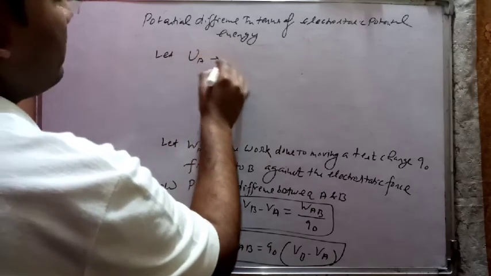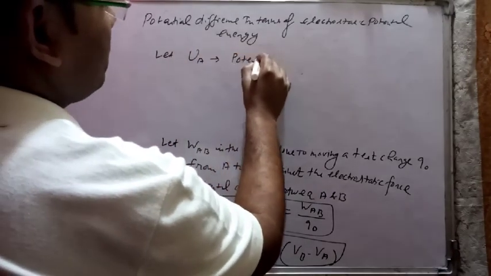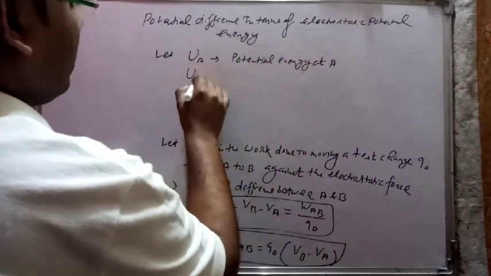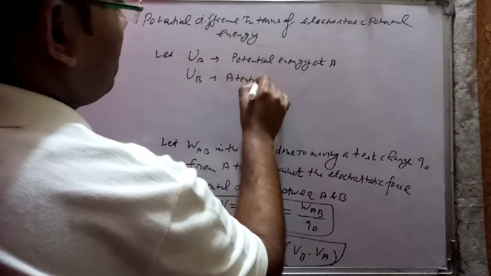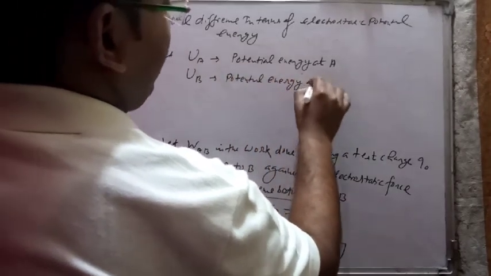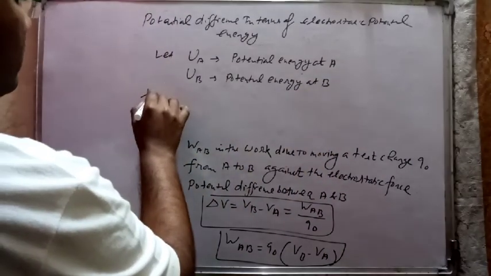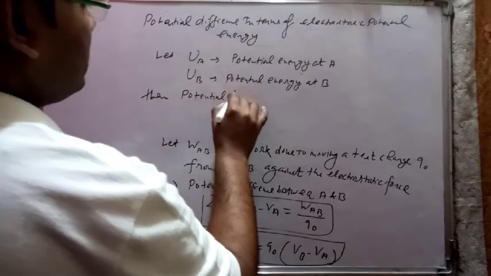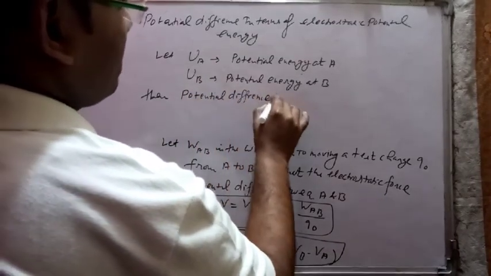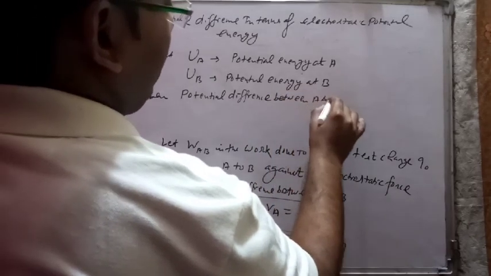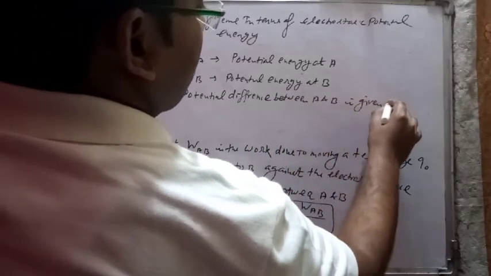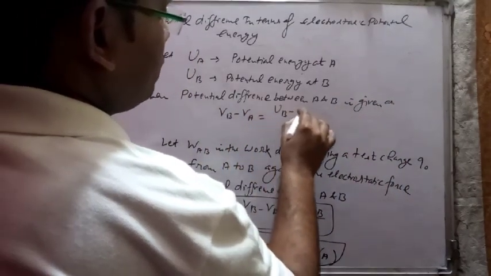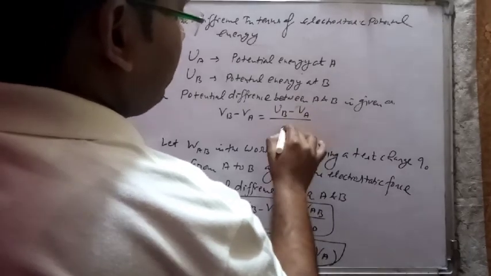Let UA is the potential energy at A and UB is the potential energy at B. Then the potential difference between A and B is given as VB minus VA is equal to UB minus UA divided by Q naught.